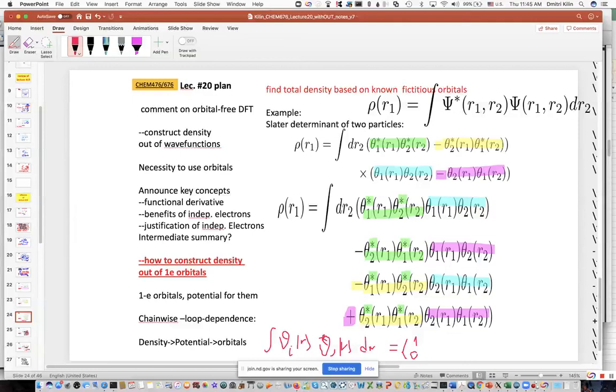No one objects to this property, right? Yes. Good.